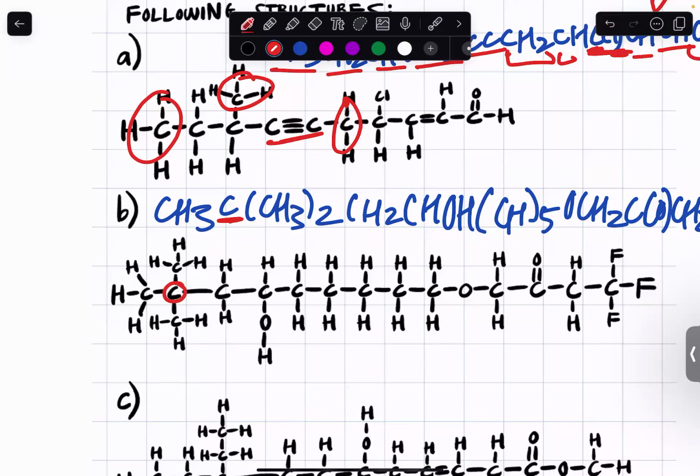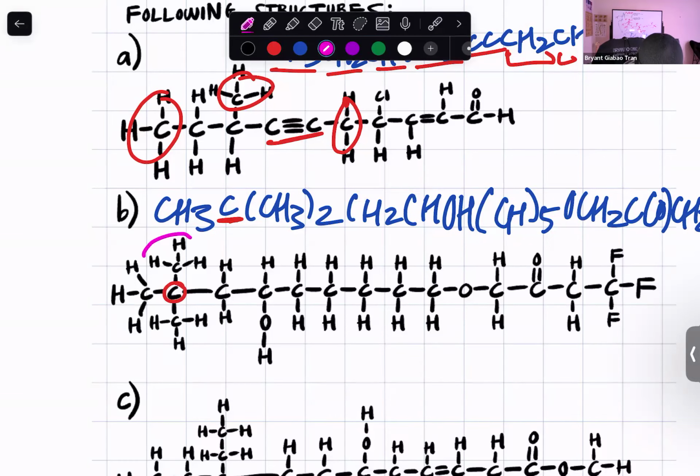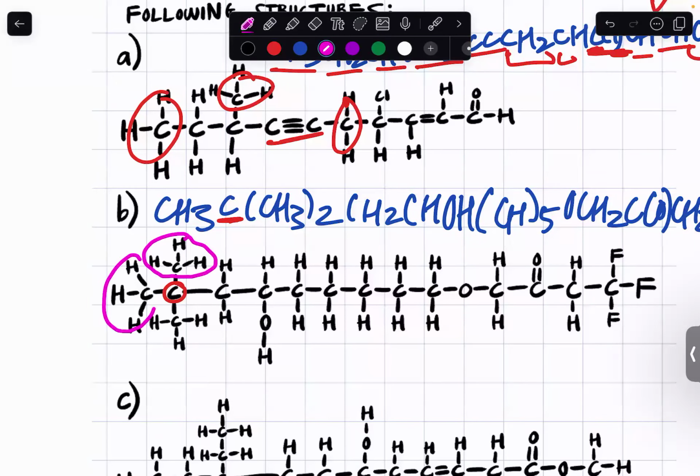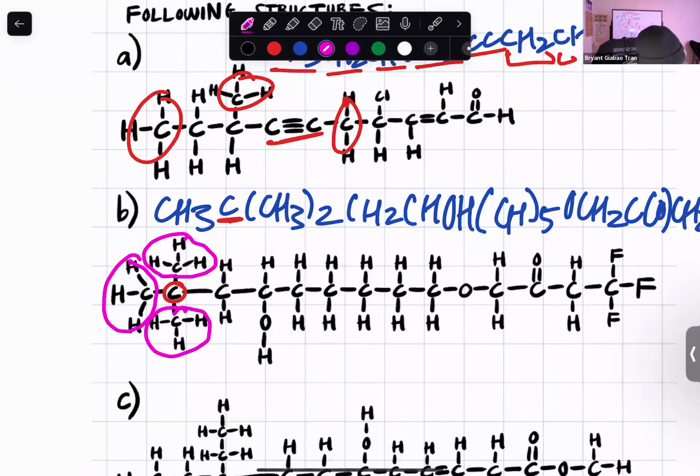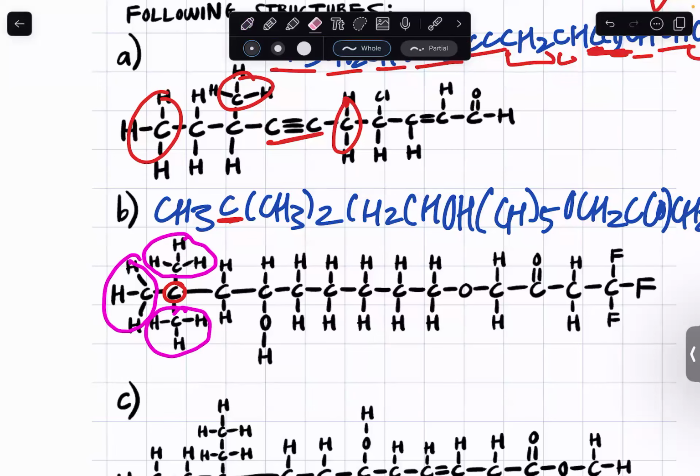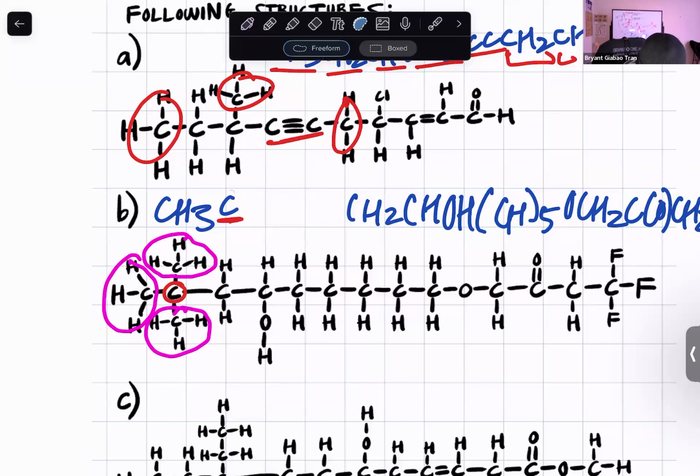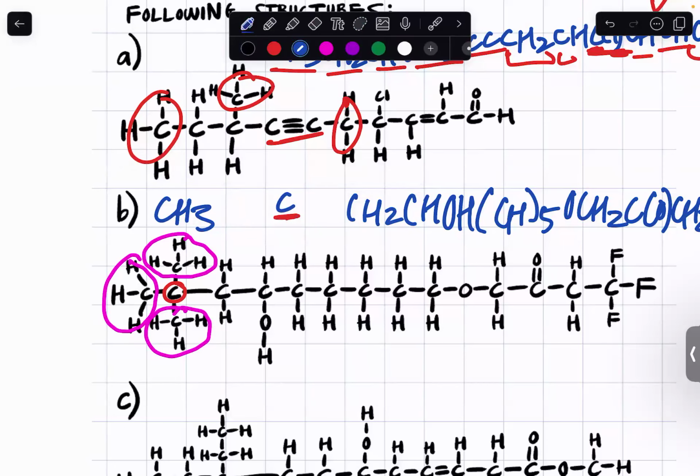Notice how that central carbon atom has 1, 2, 3 methyl groups, 3 CH3s attached to it. What you could do is put the C and then CH3 in parentheses and then put a subscript 3.